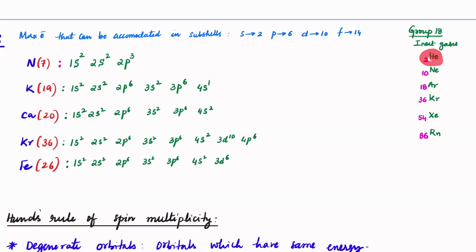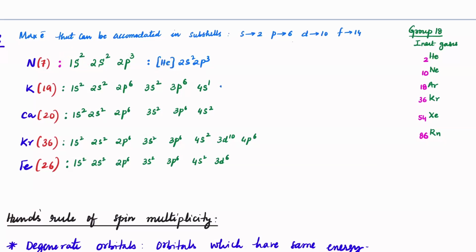So the same configuration can also be written as helium 2s2 and 2p3. So instead of writing 1s2, I can show that I filled up to the helium number of electrons, and then we have to fill the rest of them.